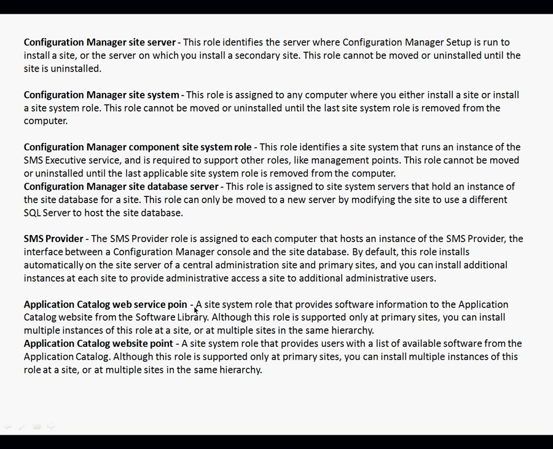People can go there and get whatever application you publish for them. You are basically creating an internal website for the users, and these roles help you create the website, which will be available to all the users in your organization, and they can get the application from the website.